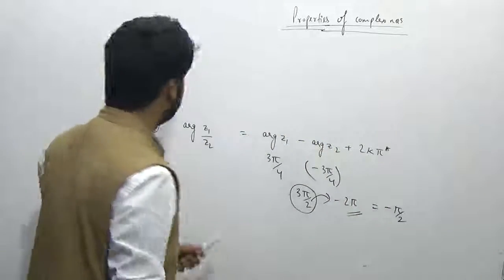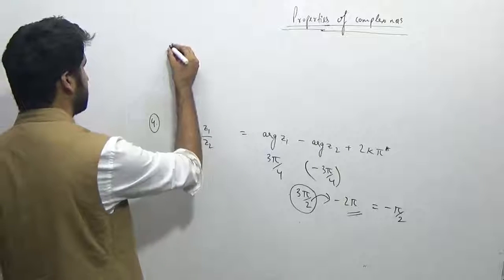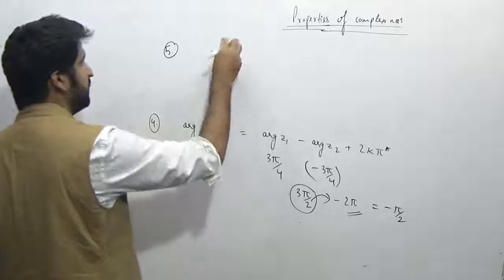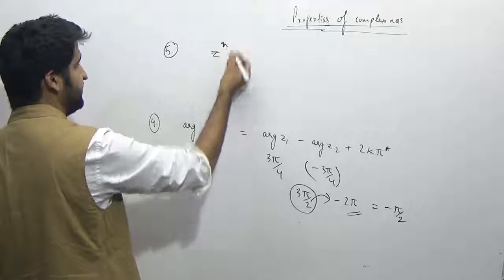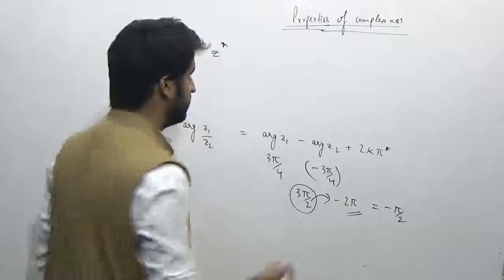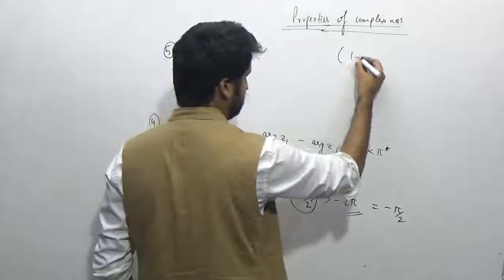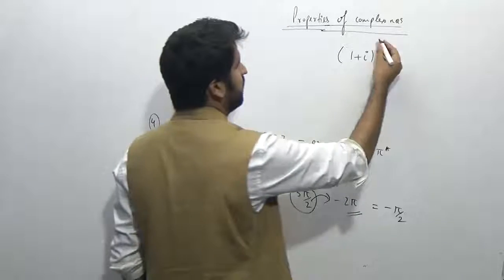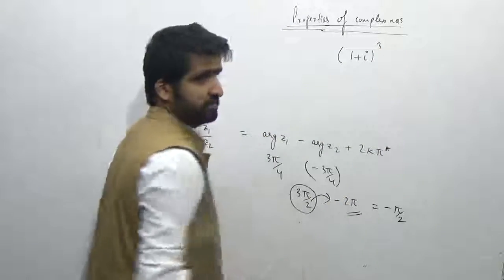Now let's see what happens if we see z to the power n. So I know this complex number 1 plus iota. What I did, I took a cube of this complex number.